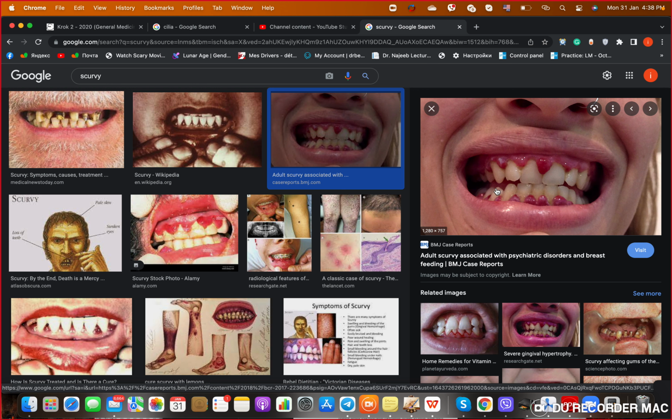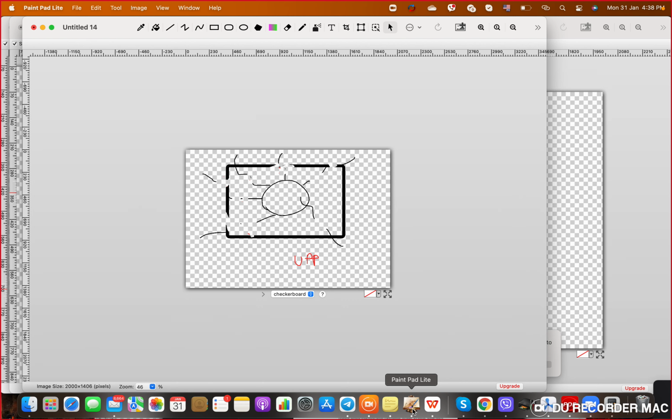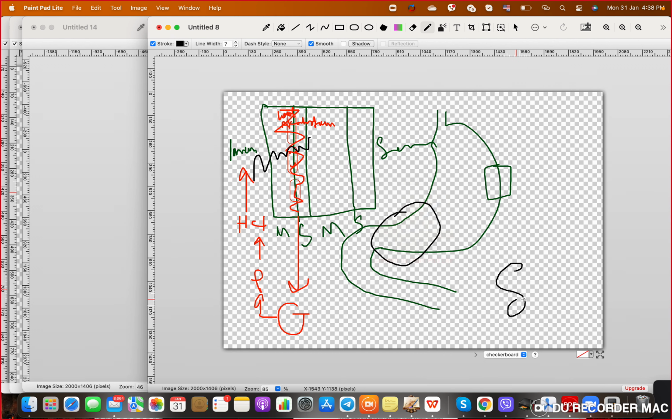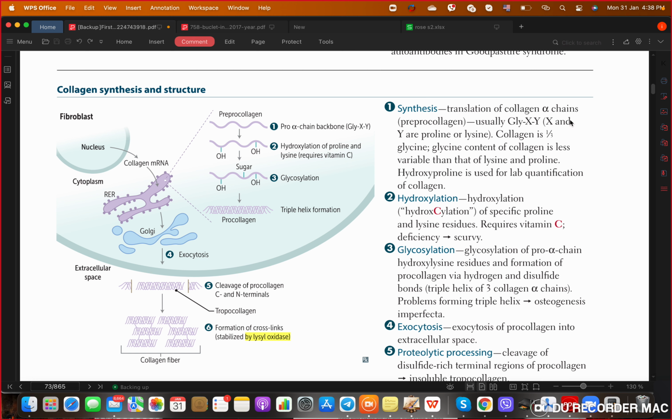If you have a patient who's always at home and has a diet of soda and hot dogs, as they call it in the USMLE, you need to think about scurvy. Why? Because he's consuming zero leafy vegetables, so he will be in a really bad state.